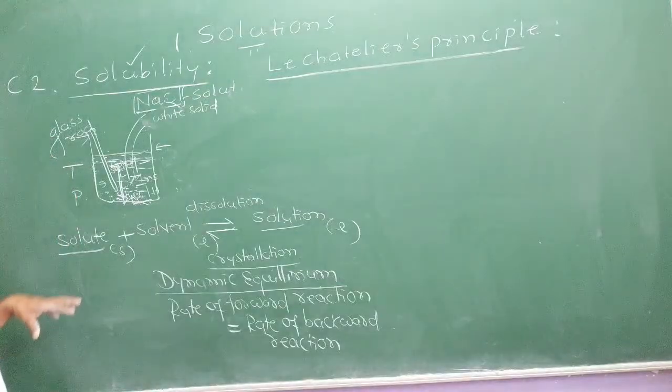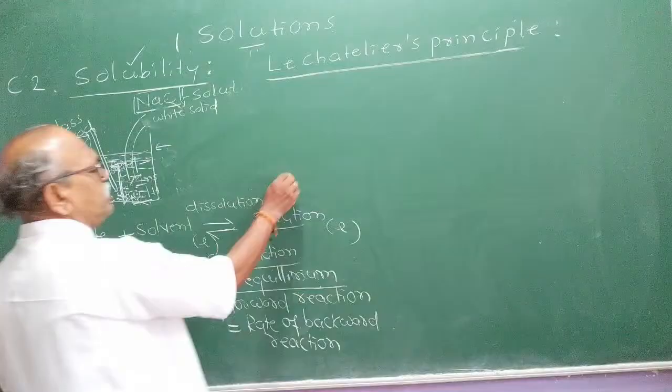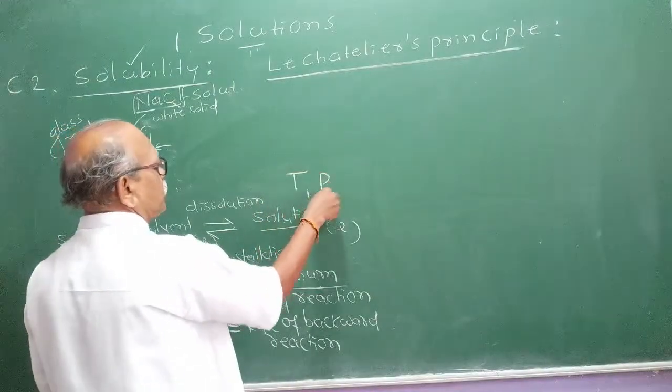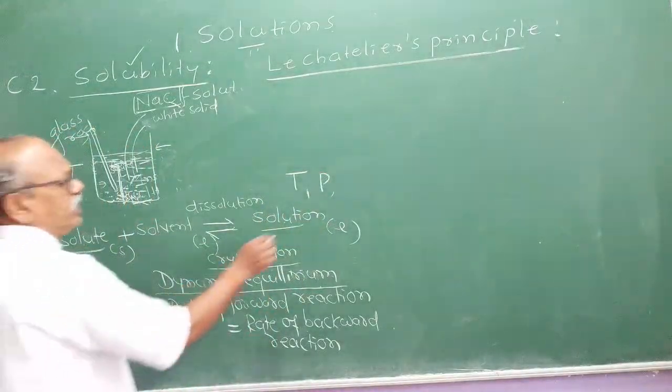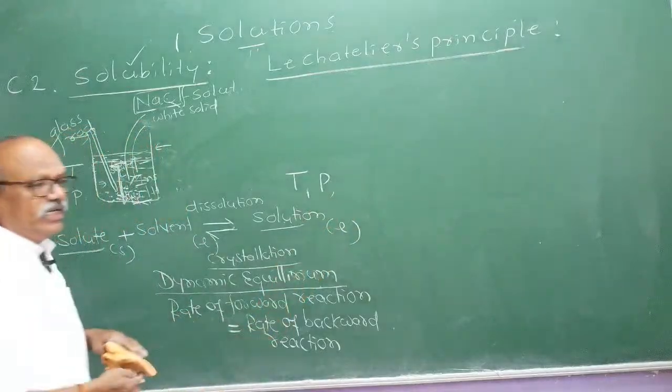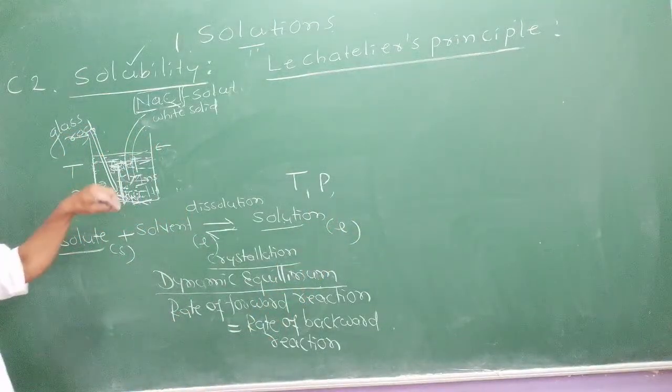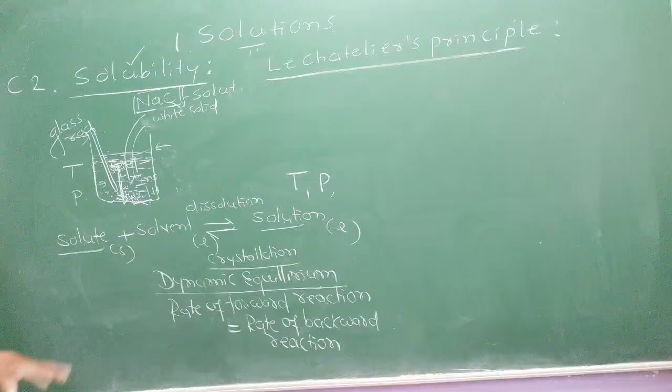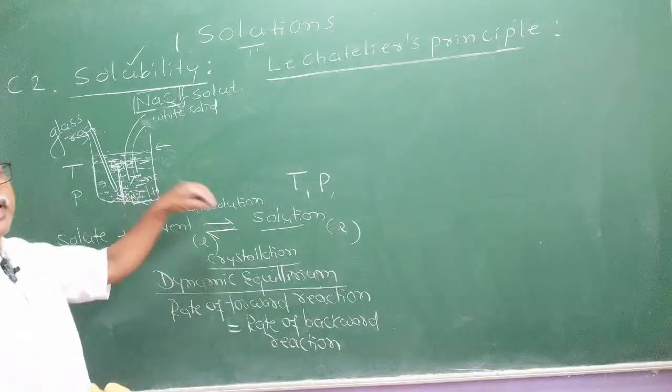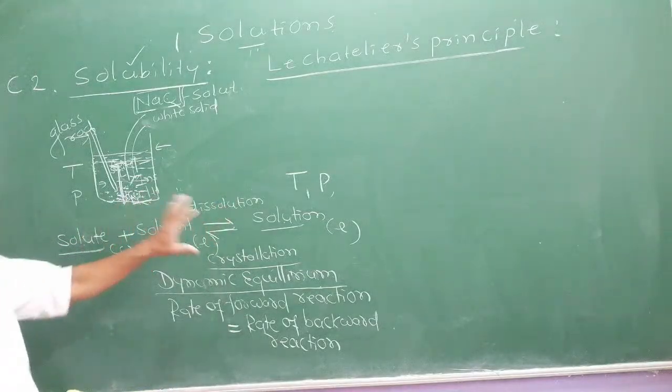Right? When there is a change in temperature, a change in pressure, adding solute to it, adding solvent to it, any disturbance takes place, then this particular system will try to attain the equilibrium state back.